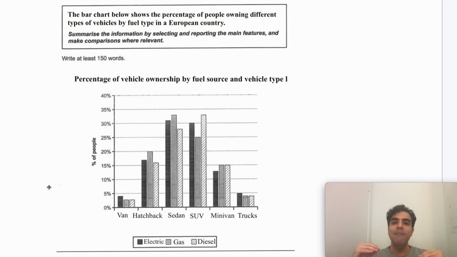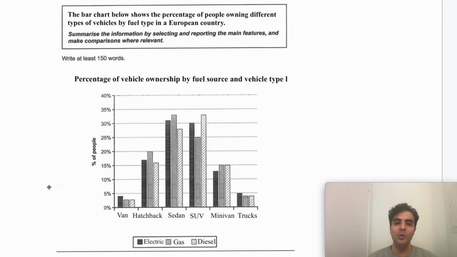For each category, I focused on the highest, the lowest, perhaps the ones that are similar, or anything that has a significant proportion maybe attached to it, right? Like a quarter of, or a fifth of, or something like that. Okay, now we can do the same for gas and also for diesel. And so we have 3 paragraphs, each one made up of 2 or 3 sentences.